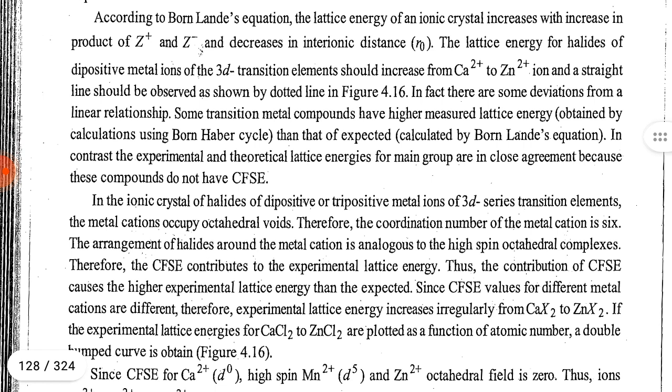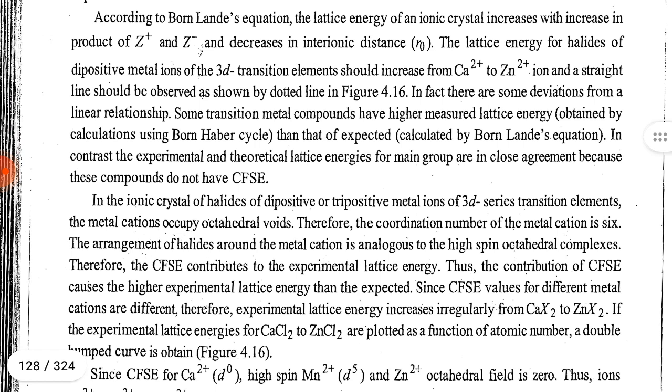Some transition metal compounds have higher measured lattice energy, obtained by calculation using the Born-Haber cycle, than the expected value calculated by the Born-Landé equation. In contrast, the experimental and theoretical lattice energies for main group compounds are in close agreement because these compounds do not have CFSE.